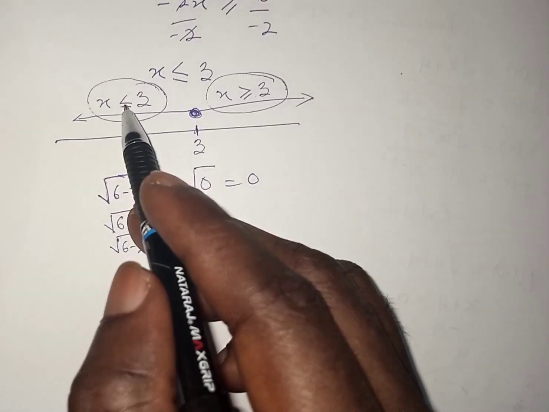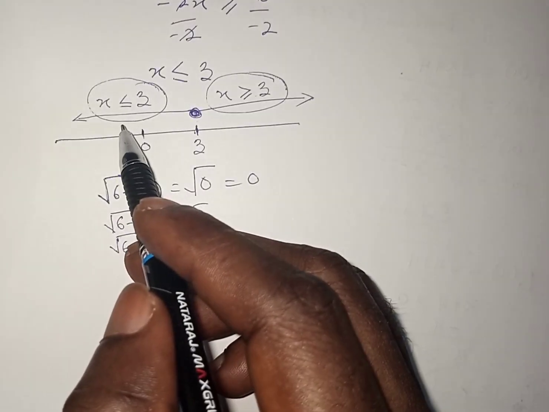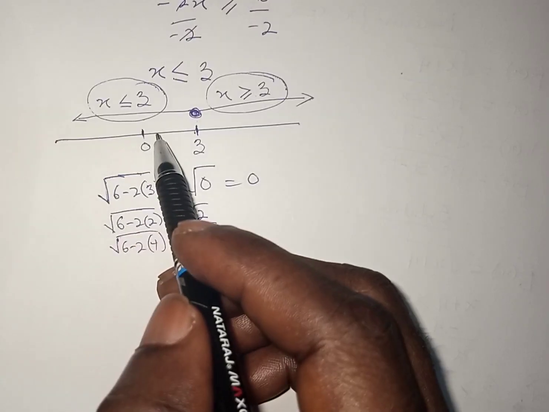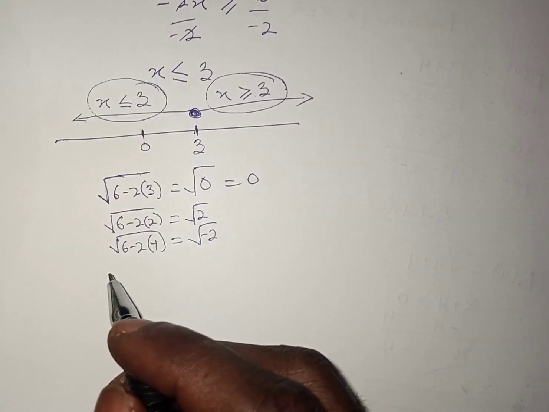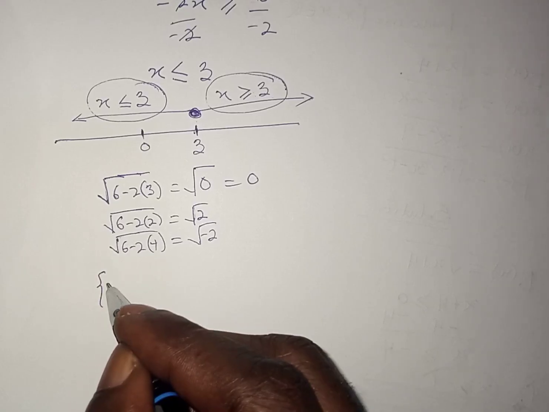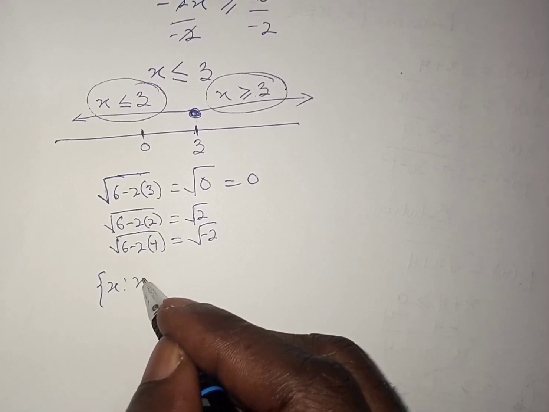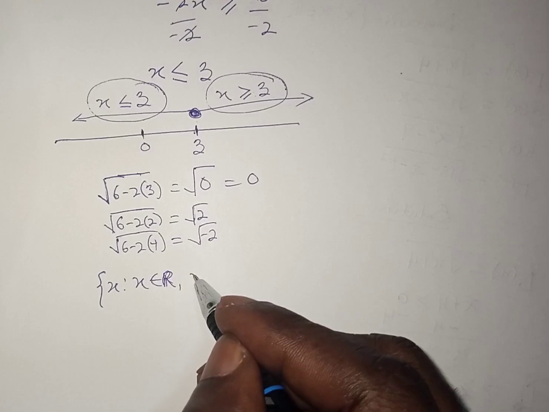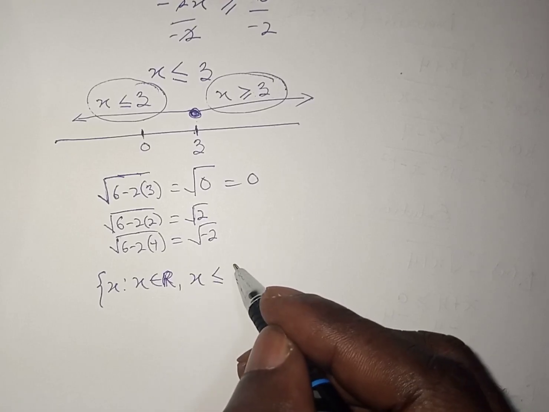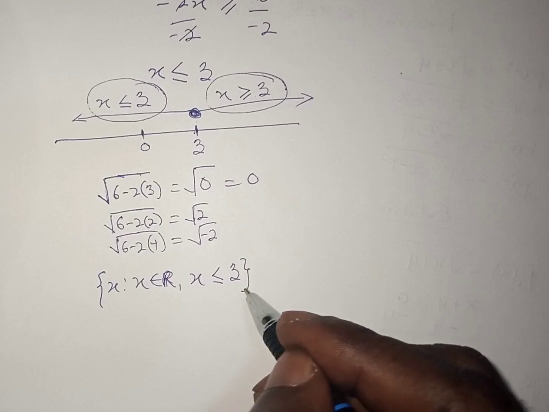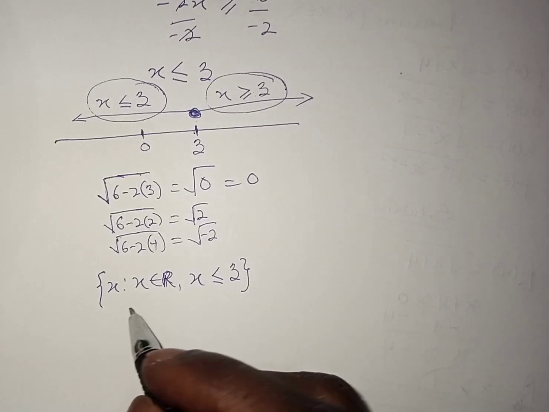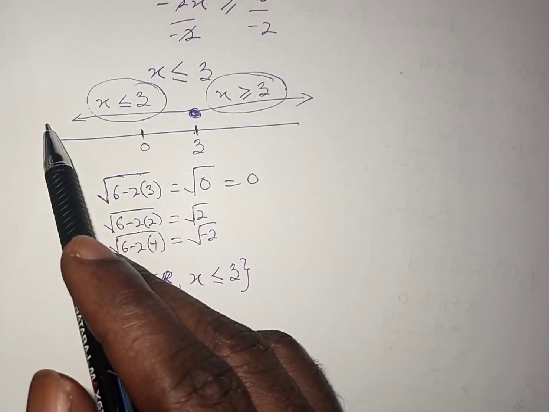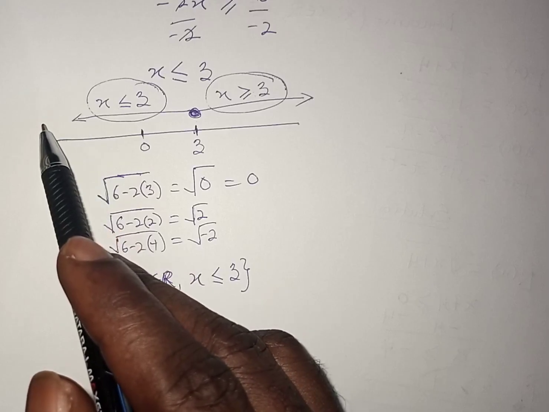So we choose whichever direction or interval, or range of numbers, makes the function defined, and use that as our domain. Therefore, our domain is x such that x belongs to the set of real numbers, x is less than or equal to 3. And for our interval notation, because we are saying that 3 is here, going in the left direction, we don't know where it ends.